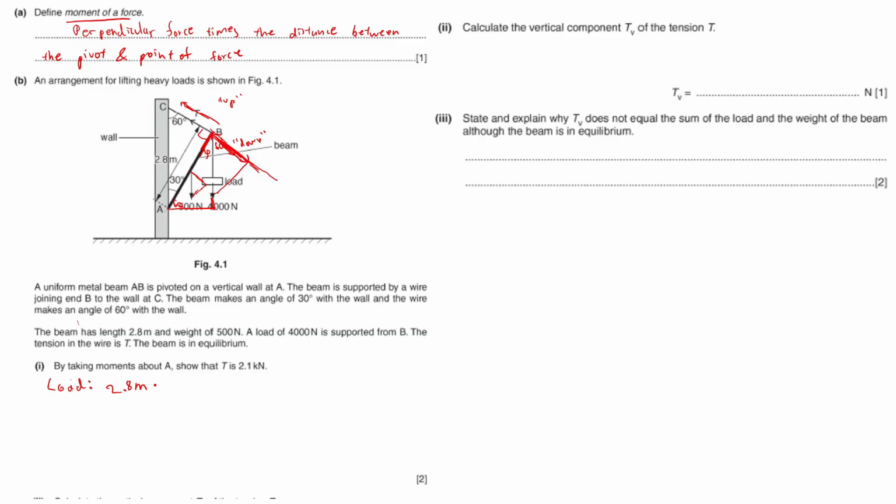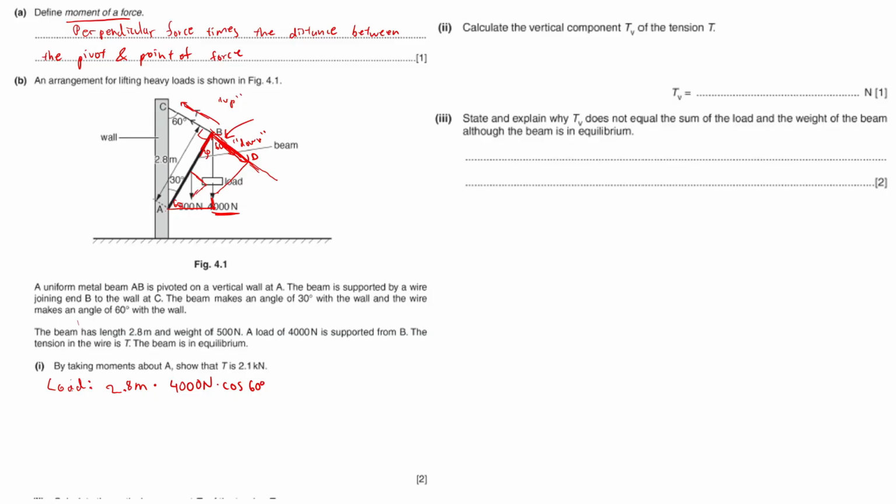Sorry, it's kind of hard to see. But on BD, we have to calculate this. So we know our hypotenuse is going to be our 4,000 newtons. So it's going to be 4,000 newtons times cosine of 60 degrees, because it's right next to it. We're looking for this side here.